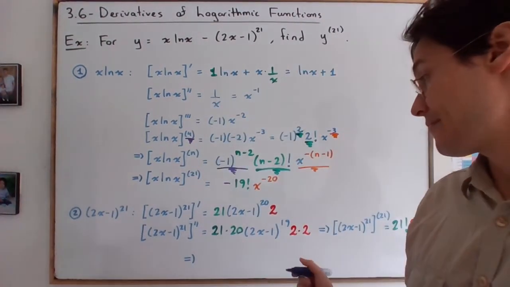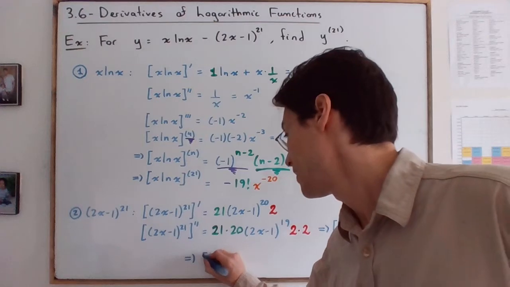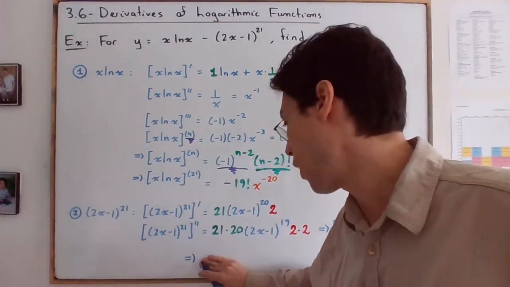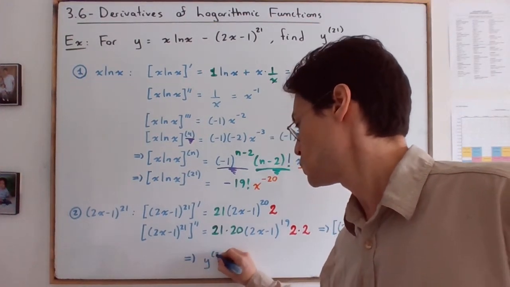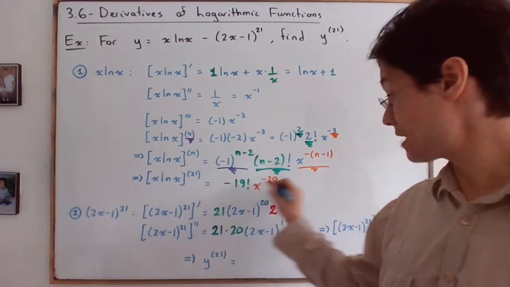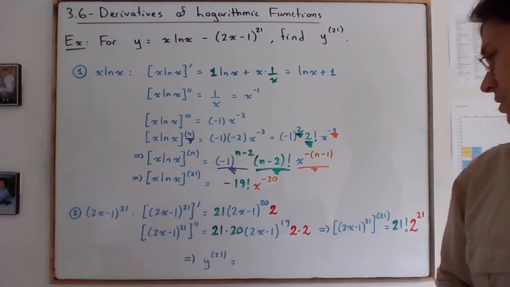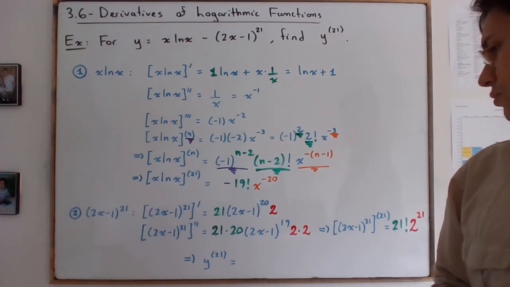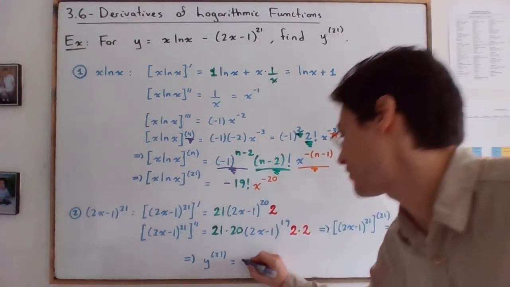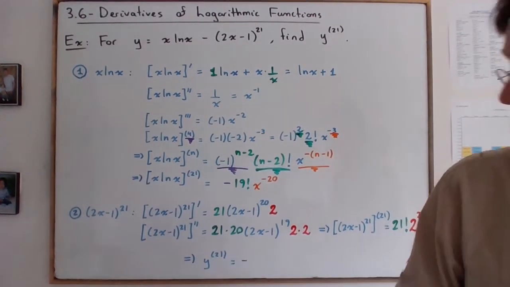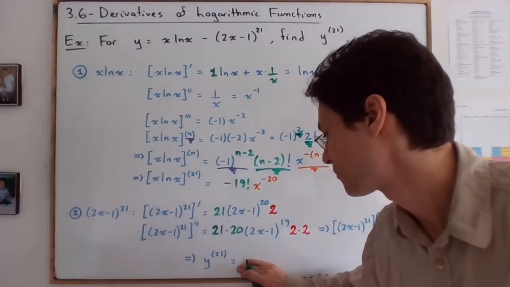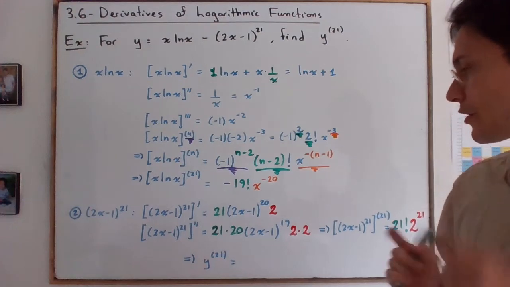So you're going to have that, this is it, the 21st derivative of y is going to be the sum of this. Okay, I'll use the same color code, but I shouldn't, or no, I have an idea.